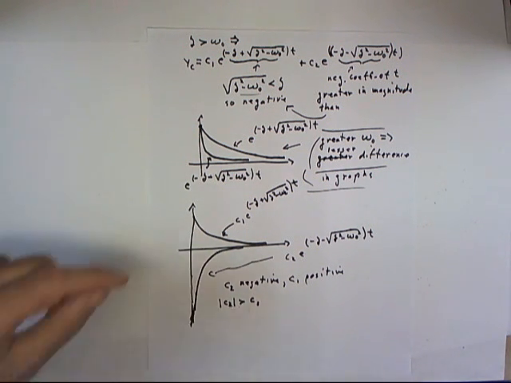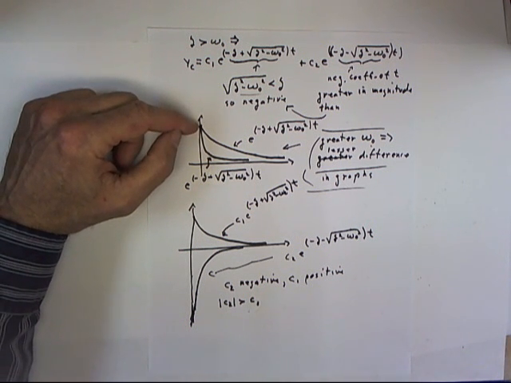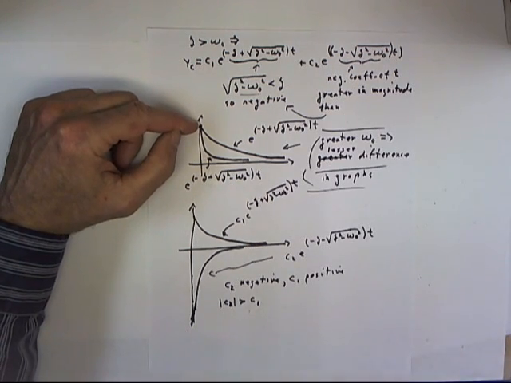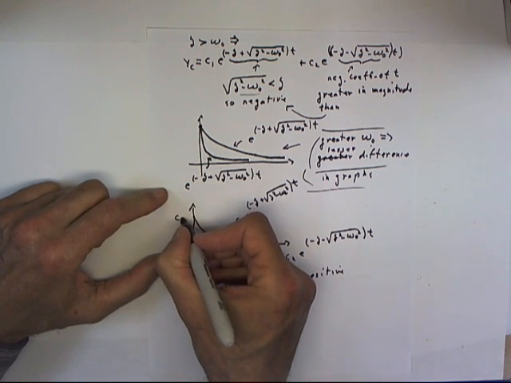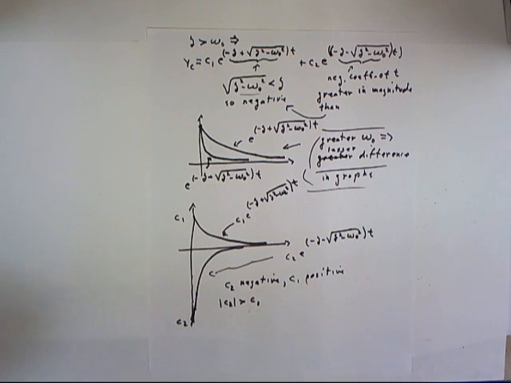I probably shouldn't have to point it out, but note that both of these graphs have the same y-intercept. When t is equal to 0, both of these functions are equal to 1, so that our value of C1 would be here, our value of C2 would be here.